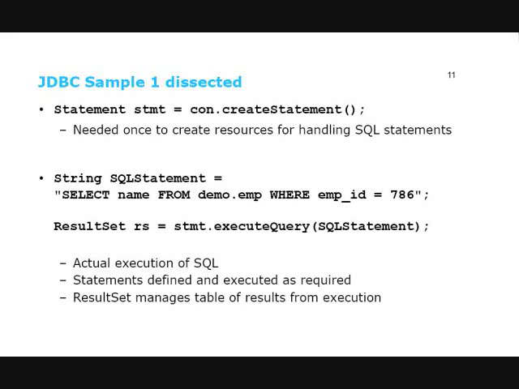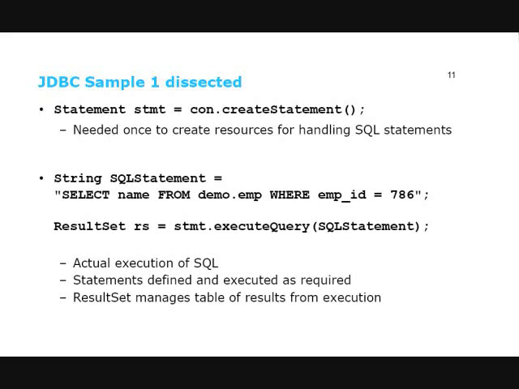So, to execute the statement, I declare an object of type ResultSet, which is going to handle the results. And I do that by calling executeQuery, a method on the statement object that I created earlier. And I pass to it the query that I've just created as a string.